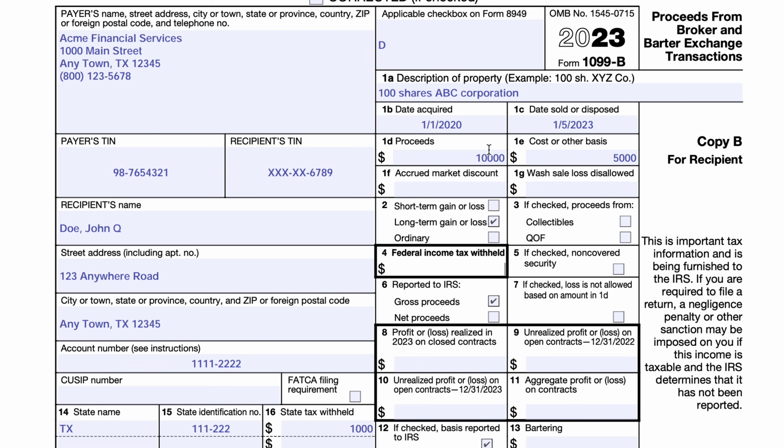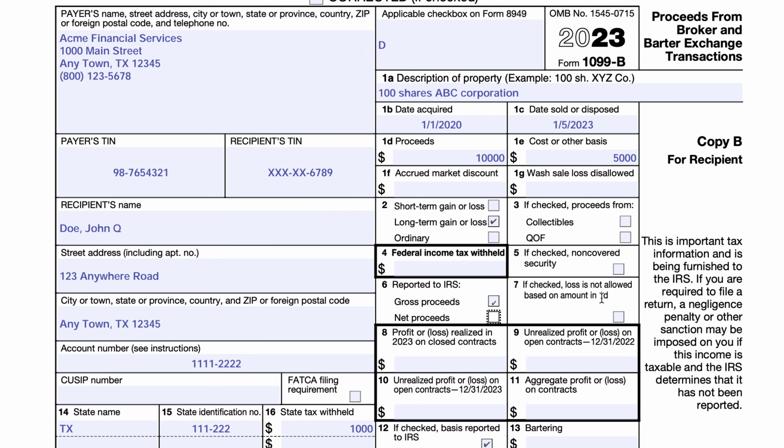So if you paid an option premium and that was reflected in the proceeds, then you would see this checked instead of the gross proceeds. This was just the straight sale of 50 shares of ABC Corporation, and they're reporting the gross proceeds on this.